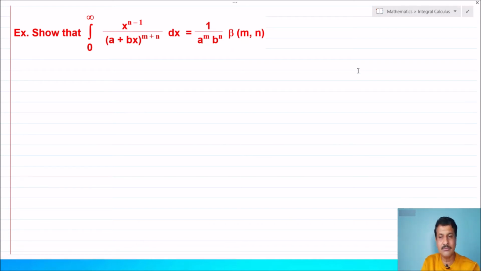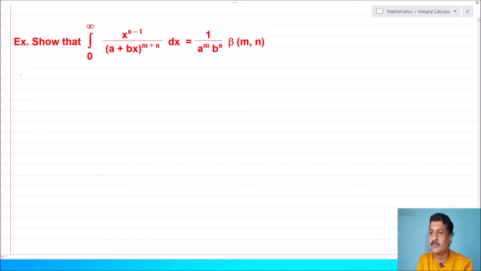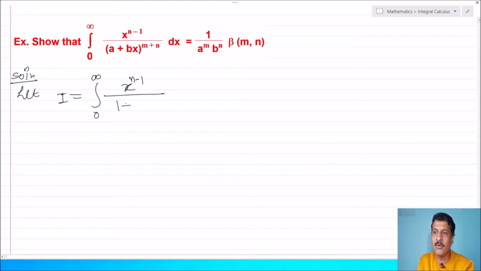So let's see how. By this one, 0 to infinity, I can relate the second definition of beta. So first of all, let I equal to integration 0 to infinity x raised to n minus 1 upon (a plus b x) raised to m plus n into dx.